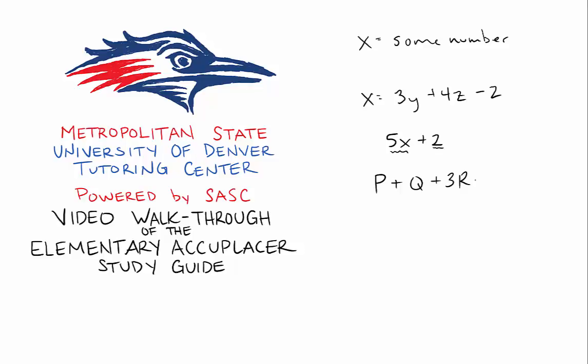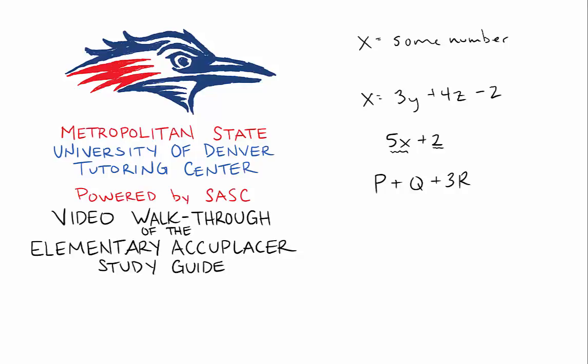The last thing I'll say is that because we can't add them, we're just going to treat them like numbers. If we're solving for, say, x, and we don't care about the y's and the z's, we're going to treat those like numbers that we can't add together.